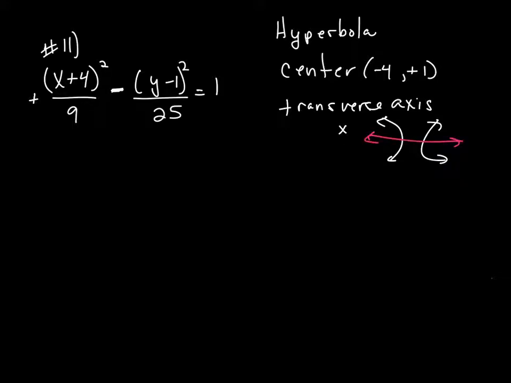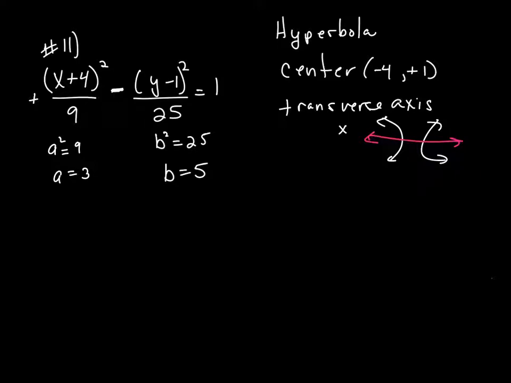Now, A and B are not necessarily larger or smaller than each other. Whatever is underneath the transverse axis is A, meaning whichever one is positive. So in this case, I know that A squared is equal to 9, or A is equal to 3. I know that B squared is equal to 25, so B in this case is equal to 5.